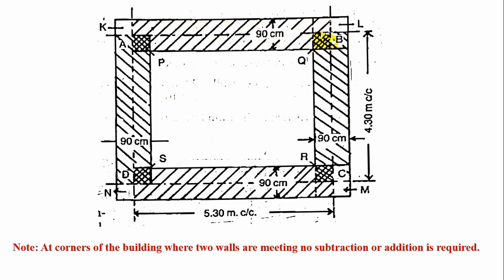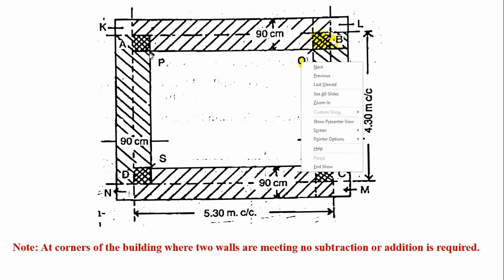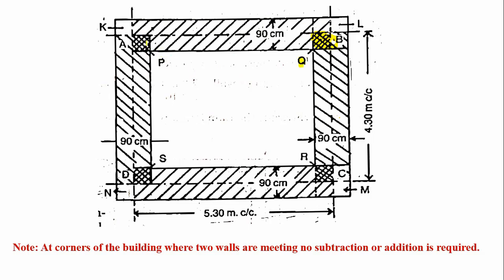This portion is coming twice, that is portion Q. Similarly at all the corners: here P is coming twice, here S is coming twice at this corner, and here R is coming twice. Whereas this corner is not coming twice, whether you consider the long wall or the short wall, that is L. Similarly portion M, portion N and portion K are not repeated.